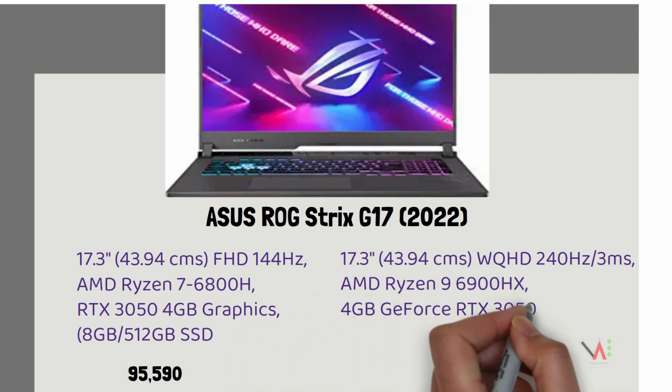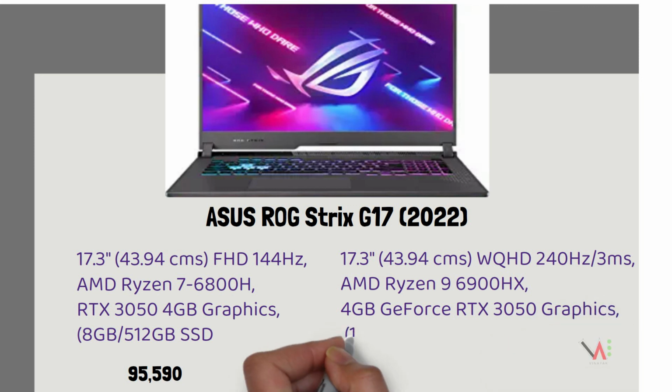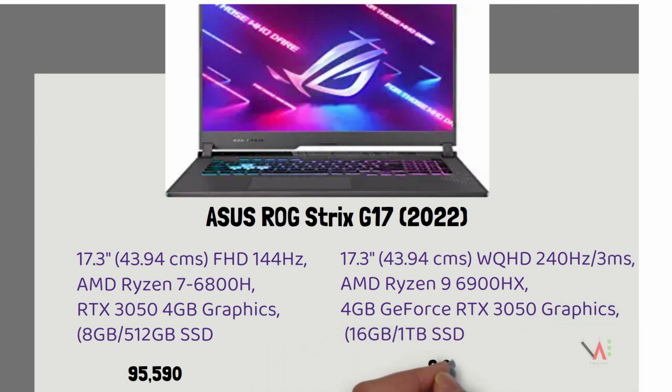HX means this is a new generation high-end processor. Until 2021 there were only H processors, high performance only, but now in 2022 there are high-end HX processors. You can go with this laptop also, because it has a 1 TB SSD. If you don't want 1 TB SSD, you can go for a lower option. There are options on Amazon.